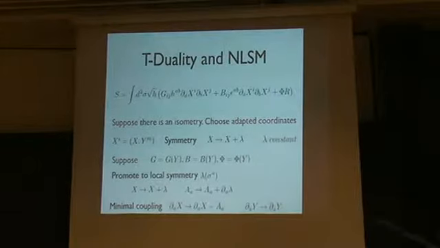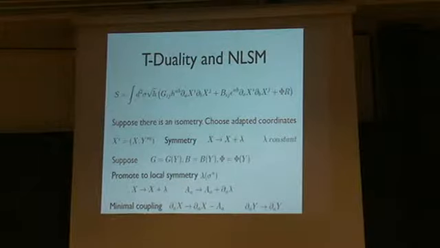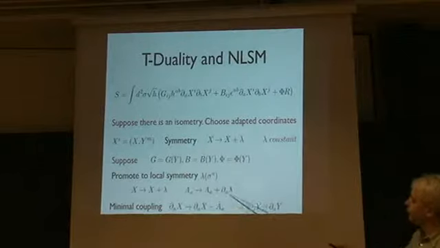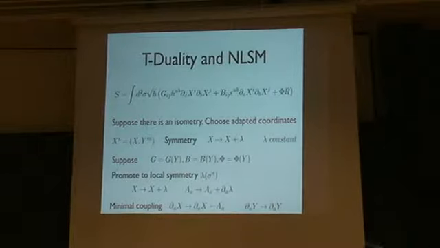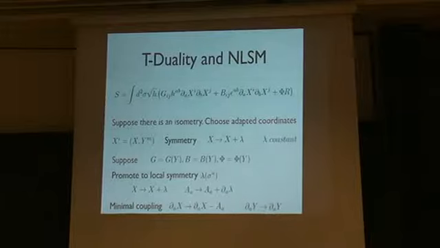So you want to consider local shifts of x. Then to do that, one would also need to introduce a gauge field, as one would expect, which changes by the gradient of lambda. And then if we just take this action and minimally couple by taking grad x to grad x minus A and leaving grad y unchanged, then we'll end up with an action which is invariant under these transformations with lambda being local. And this is what's meant by saying that we're gauging the sigma model.